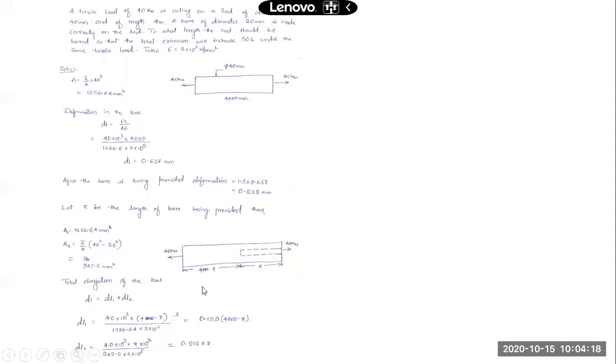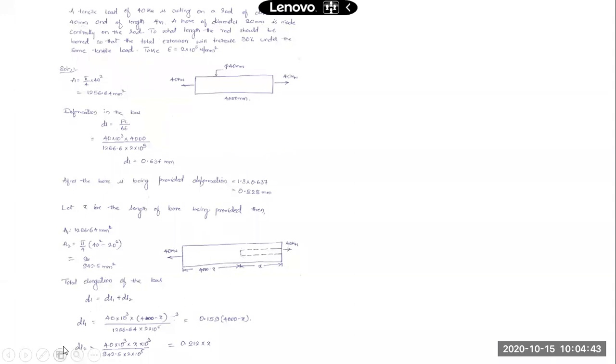I take it in terms of meter because I want all the units in mm, so later I convert them together by multiplying by 10 raised to 3. For the unbored solid portion, it is P into (4 minus x) into 10 raised to 3 divided by E.